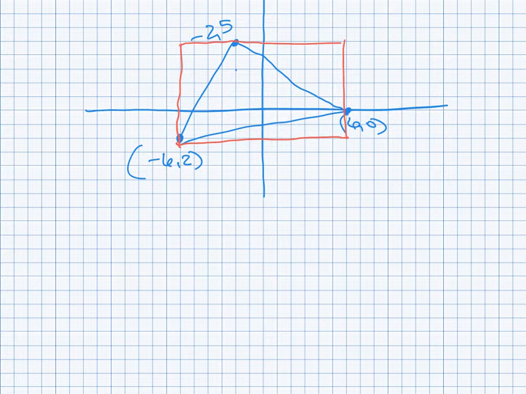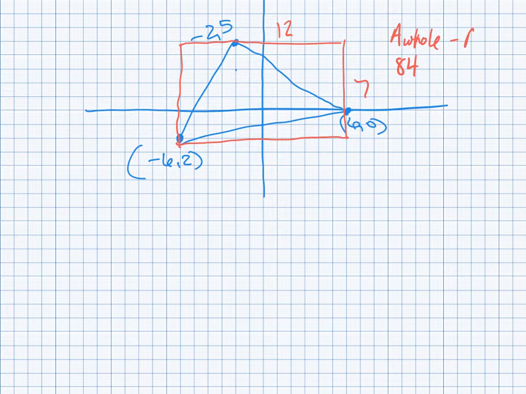And the dimensions of this one is 12 by, the big rectangle is going to be 7. 12 by 7. So what's 12 times 7? 84? Yes, ma'am. So the area of the whole thing is 84.